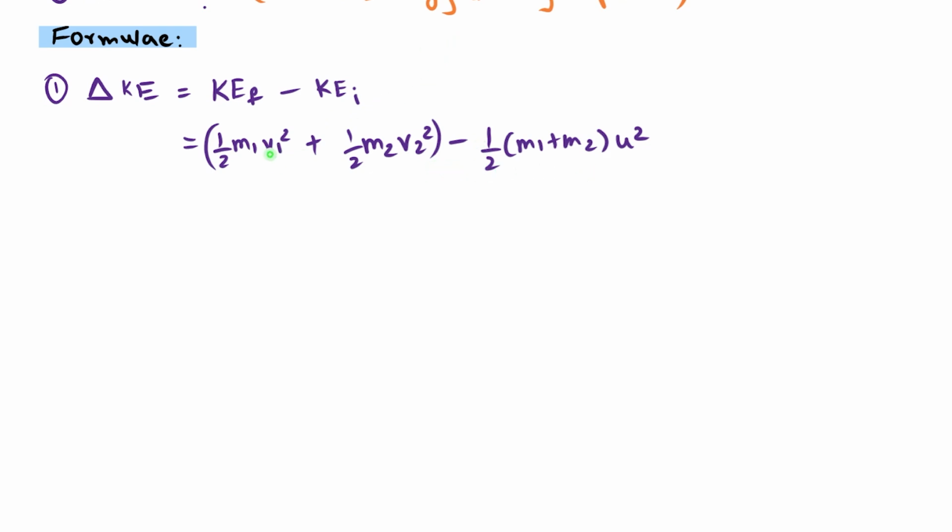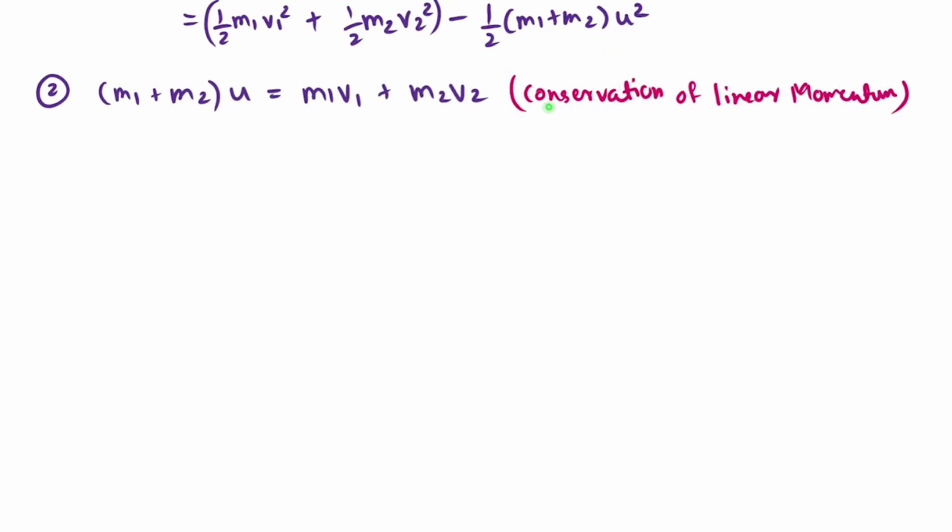And if you see, we have an idea about v1, we know u, we know all the masses, but v2 is yet unknown. So we need to find v2 first, and one way to find velocities, if the masses and the other velocities are given, is to use the law of conservation of linear momentum, because for cases of explosion or collision, momentum is always conserved.